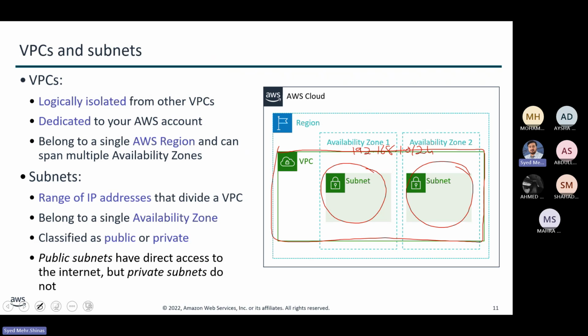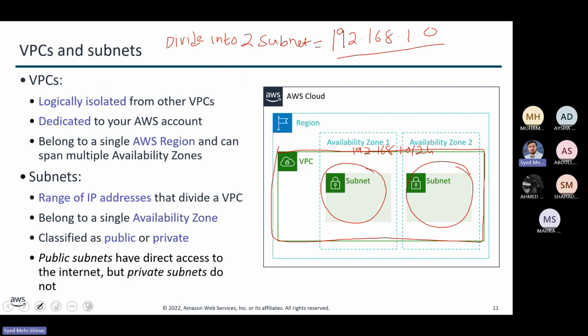How can you divide this IP, this network, into two subnets?